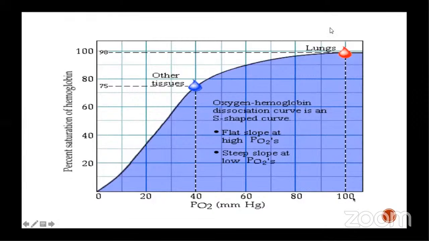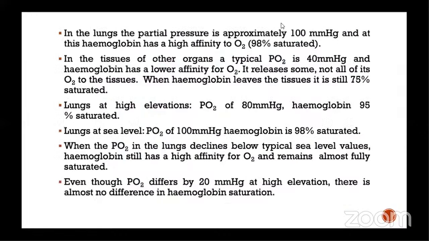If you look at the graph, at 100 millimeters of mercury it will achieve 98% saturation. At 40 millimeters of mercury, which is in the venous blood, you'll achieve 75% saturation. So in the lung, the partial pressure is approximately 100 millimeters of mercury, and the hemoglobin has high affinity to oxygen, about 98% saturated.